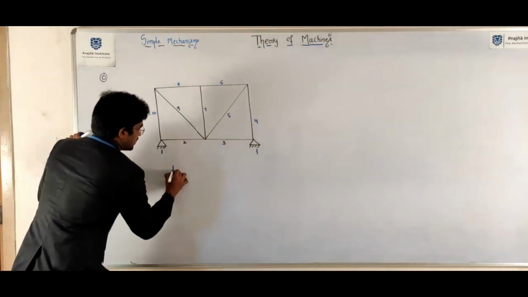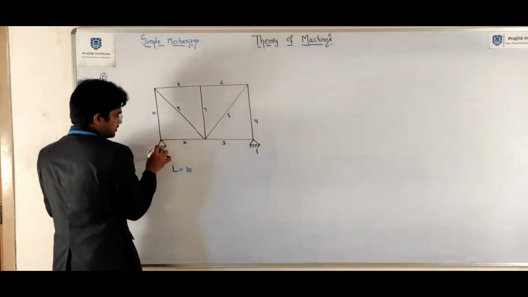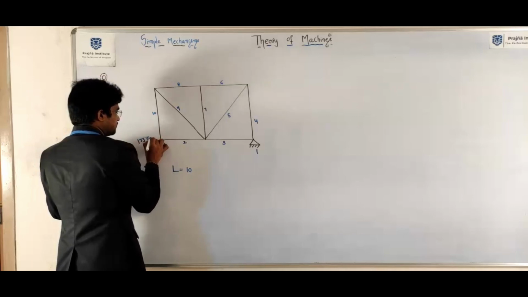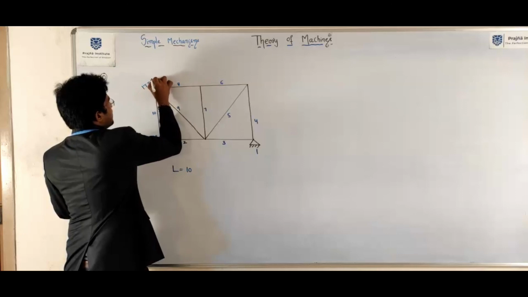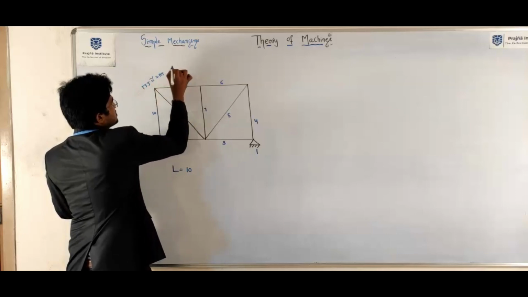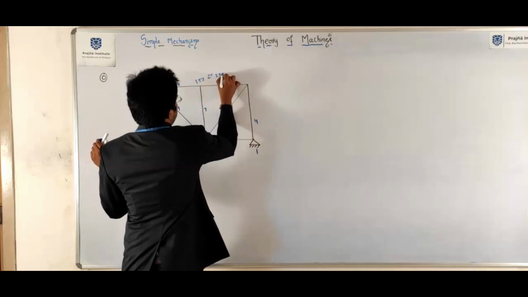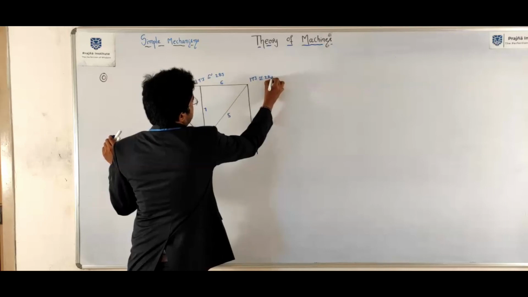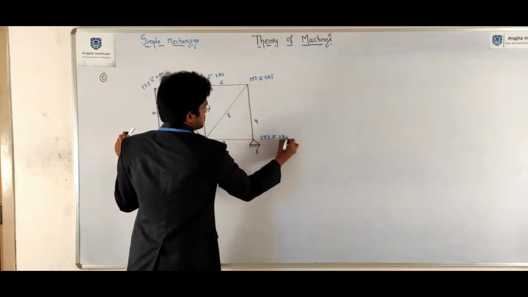Total number of links equal to 10. Joints, tell me. One ternary joint equal to two binary joints.